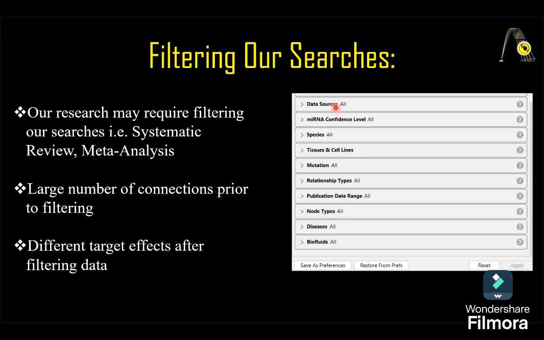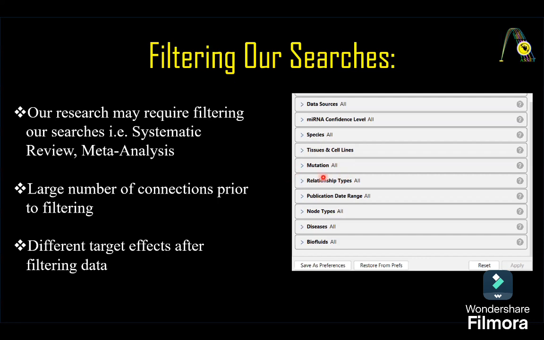So whether that is the Ingenuity data that you want to include, or third-party sources, that being the mouse genome database, microRNA, mRNA interactions, you have multiple different third-party sources that are available to you. The confidence level, whether or not it is experimentally sound or not, the species, so human studies or animal studies, tissues and cell lines, so macrophages, nervous system, liver, etc. Right? Whichever tissue or cell line you want to select for, mutations.